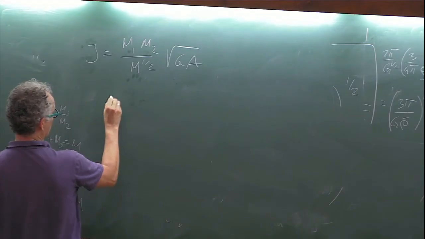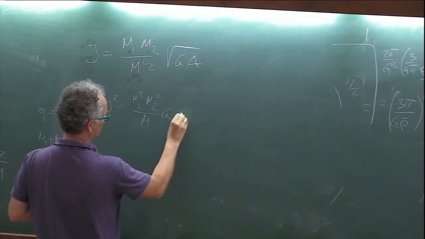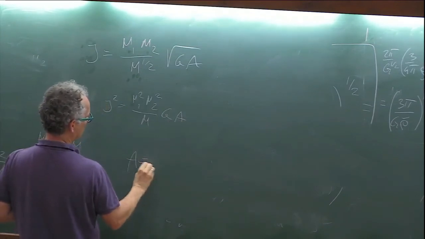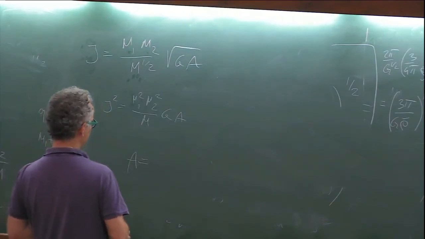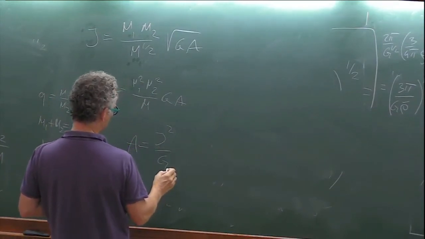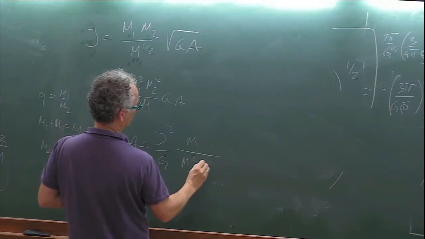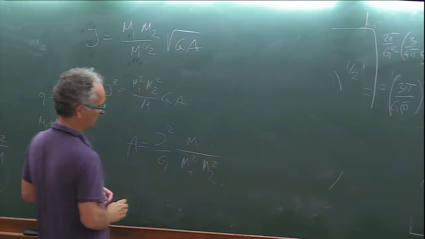So J squared equals M1 squared M2 squared over M times G times A, and A is equal to J squared over G M, over M1 squared M2 squared.